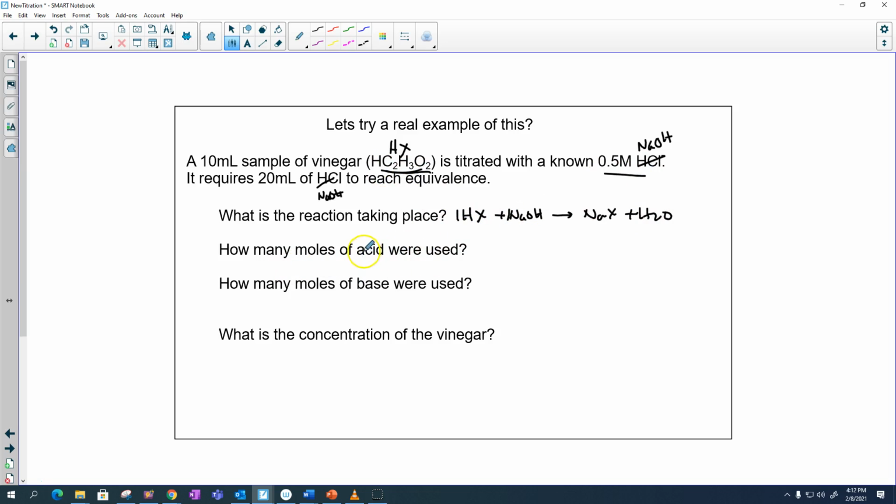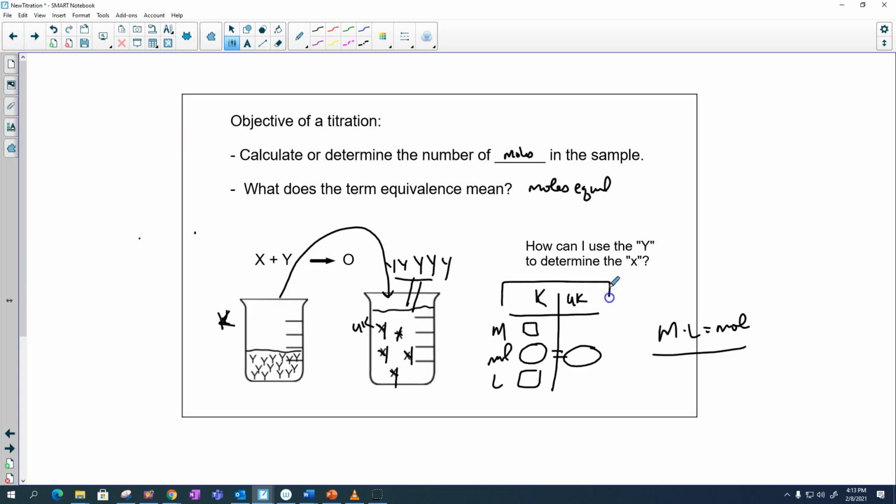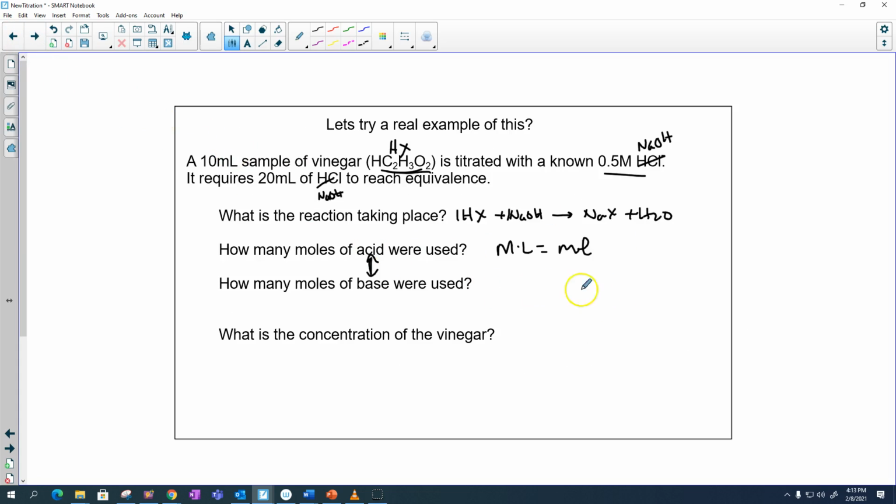How many moles of base were used? Okay, so we'll switch these guys around, doesn't really matter. So our known is the molarity times liters equals moles. So this is the moles of my known. I'm walking through the math for this. Make sure you show your work.